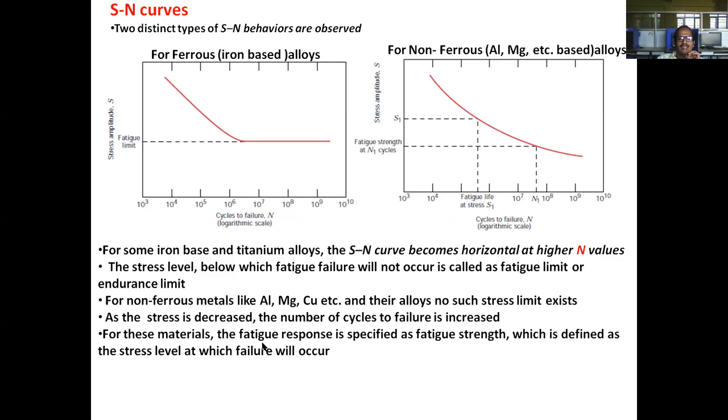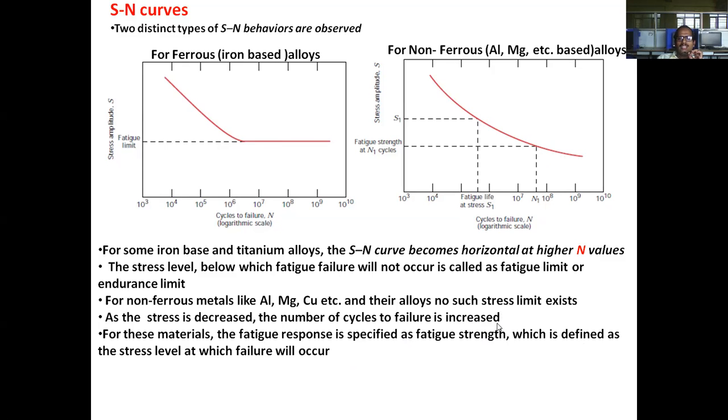So for these materials, the fatigue response is specified as fatigue strength. How do we specify fatigue strength for such materials? Because there is no specific value as we observed in ferrous alloys, where there is a specific value below which there is no fatigue failure, irrespective of the number of cycles. But in this case, as stress is decreased, the number of cycles is increased.